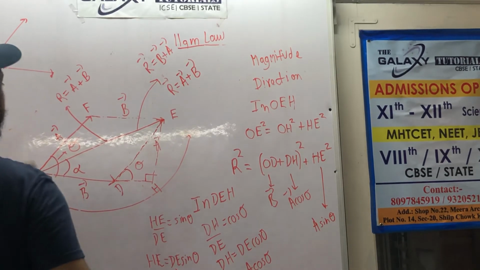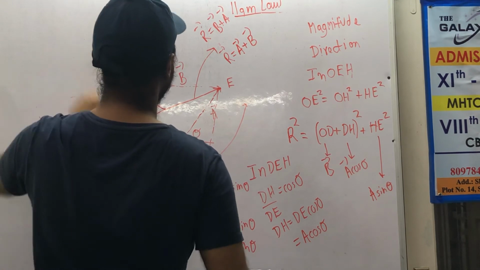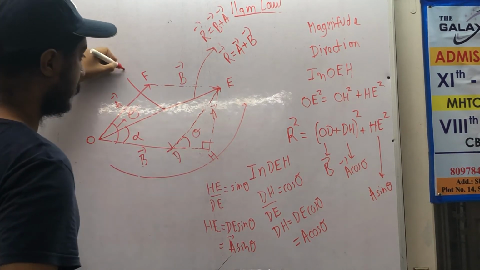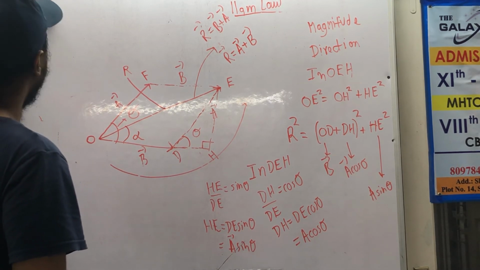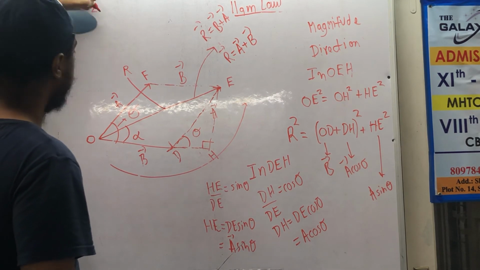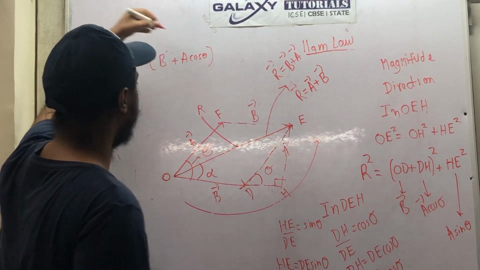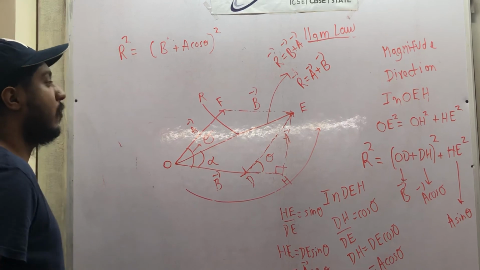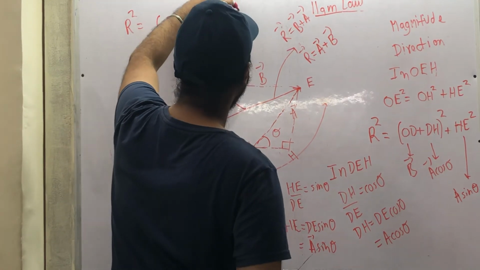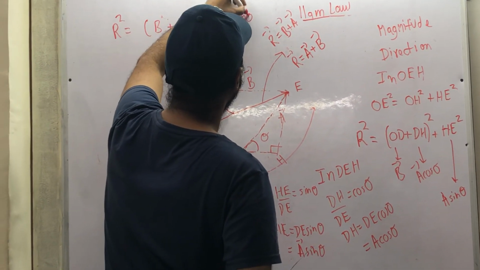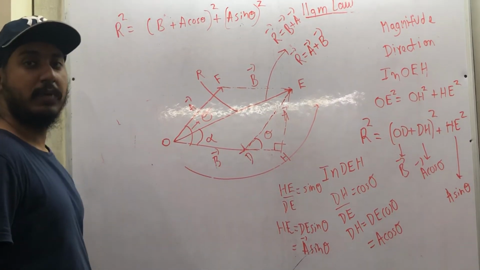So I will substitute the values and write here r square is equal to b plus a cos theta whole square, the square we will open later, plus a sin theta whole square. I hope that is clear.